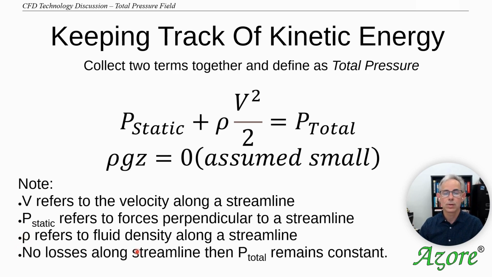If there are no losses along the streamline, then this total pressure will remain constant throughout the whole streamline. Those are the physics of what we really want to enforce if we're using some sort of averaging technique for total pressure.